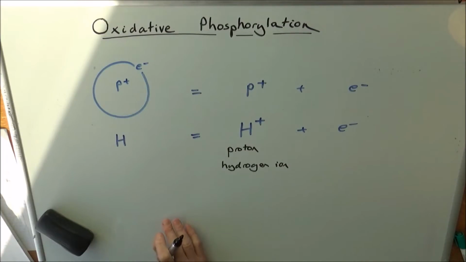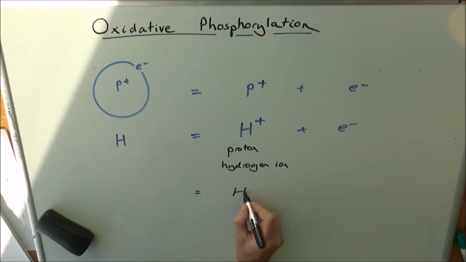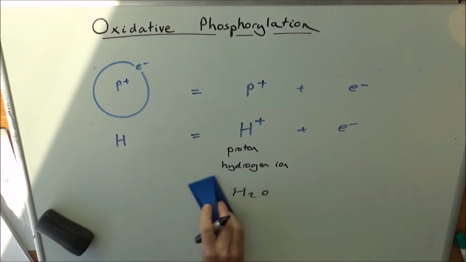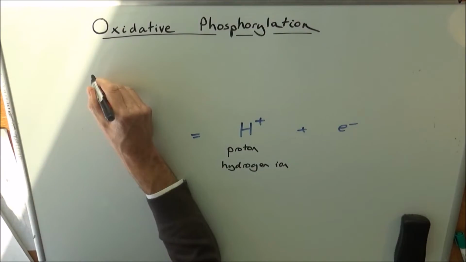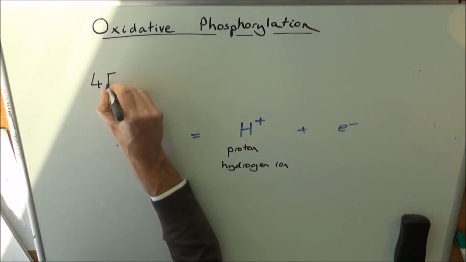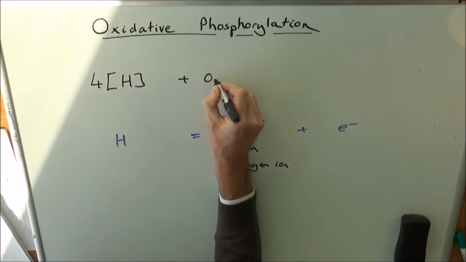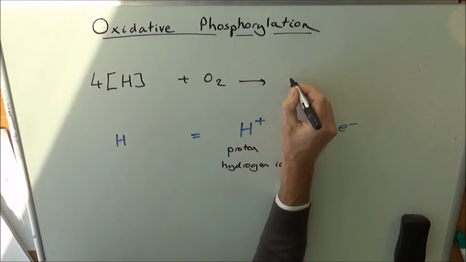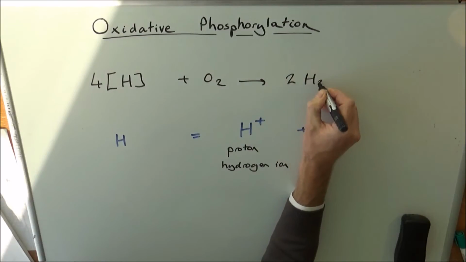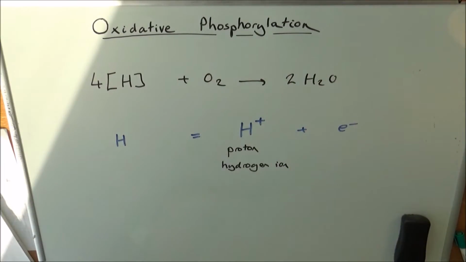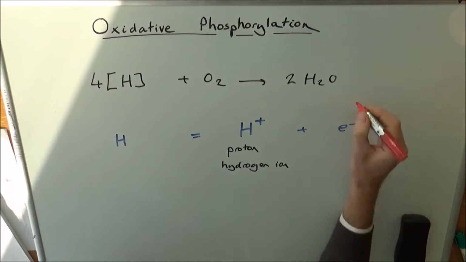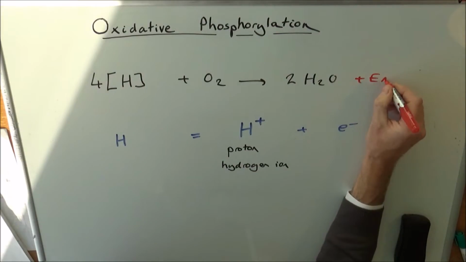So if we go back to our reaction where we're making water, H2O, in the final stage of respiration, I'll write that above now, because in the final stages you've got 4 hydrogen atoms plus oxygen. That's going to give us 2 molecules of H2O and some energy, which is used to make ATP.